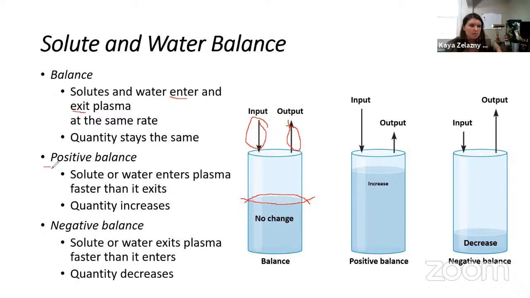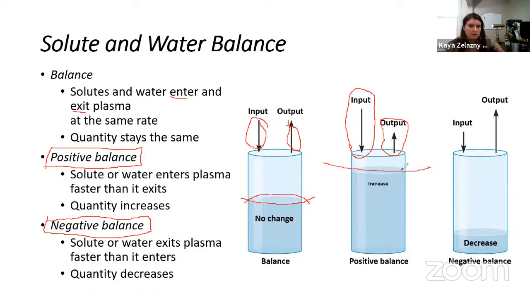We do also use these terms positive balance and negative balance. These are deviations from the in equals out situation. In positive balance, what we're saying is that you're putting in more than you're taking out. So if you put in more, the amount of that water, of that solute, is going to increase, because you're not deleting everything you put in.